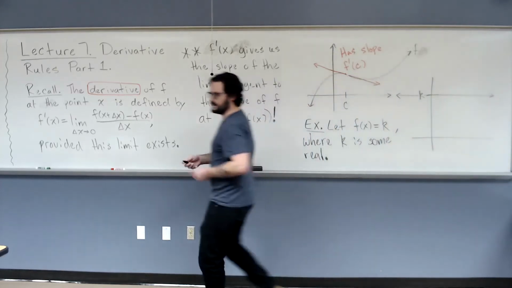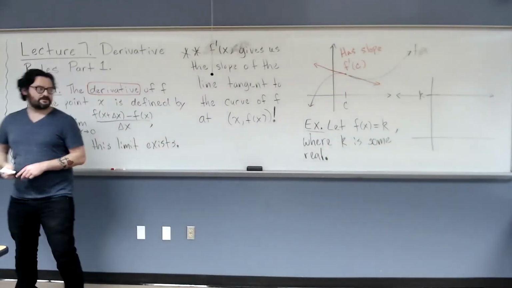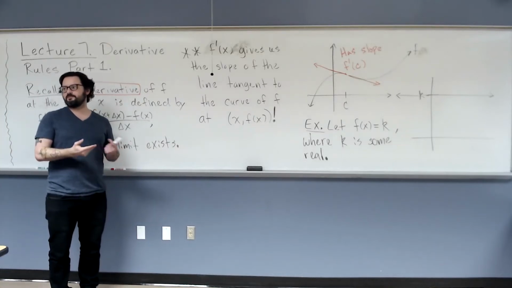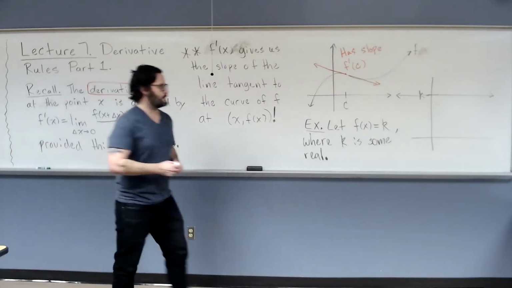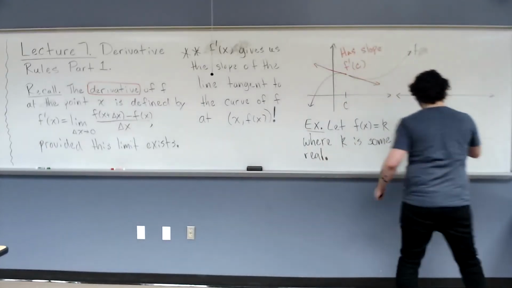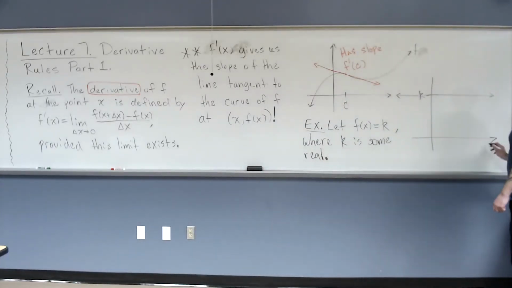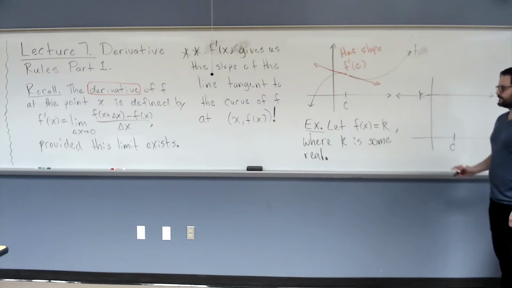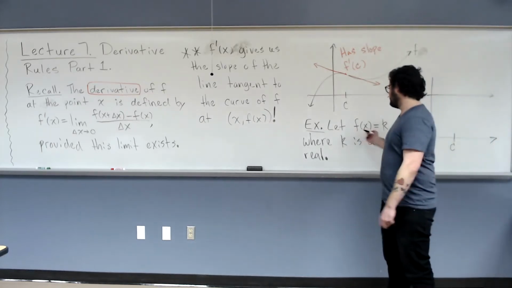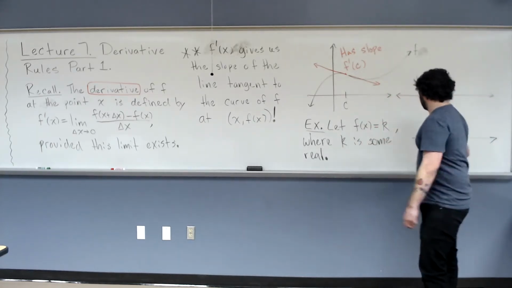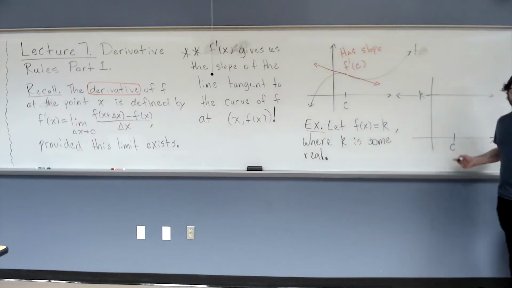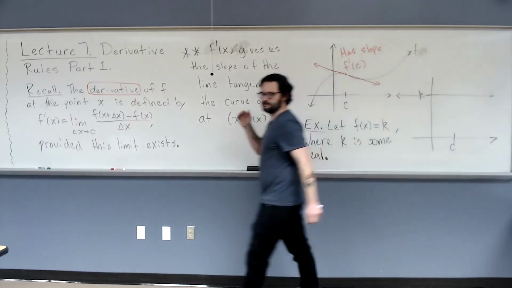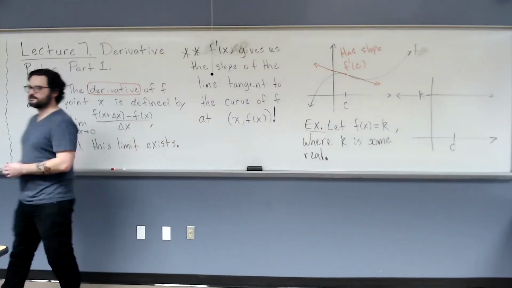So if we understand that the derivative is the slope of the graph of the function at a point, right? No matter what value I pick in the domain, like if I pick this value right here, C, right? So what's the derivative of this function at C? What's the slope of the tangent line to the curve at that point, C comma f of C?